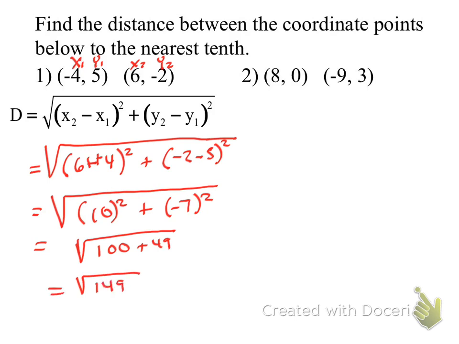Now let's estimate. 149 falls between 144 and 169. Did you say 12.6? No, we said 12.16.